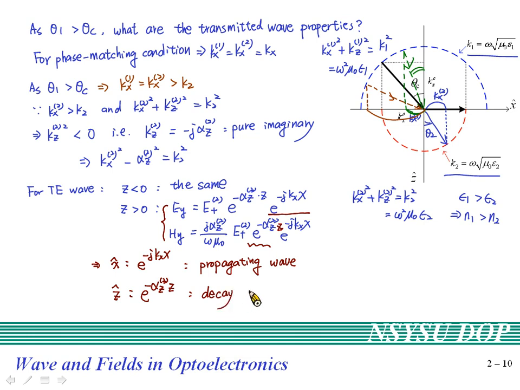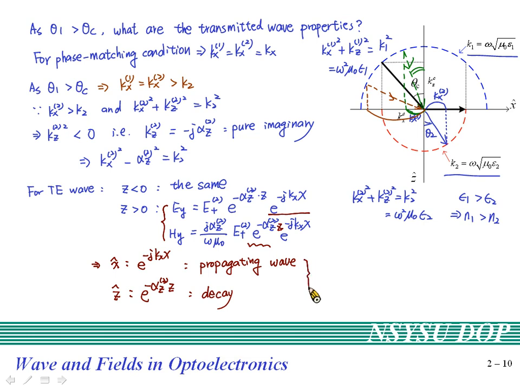Okay, this means that as TIR happens, in material 2 we will have a wave propagating in the x direction but decaying in the z direction. As a result, this wave will propagate along the surface because as it goes into material 2, it will decay to 0.